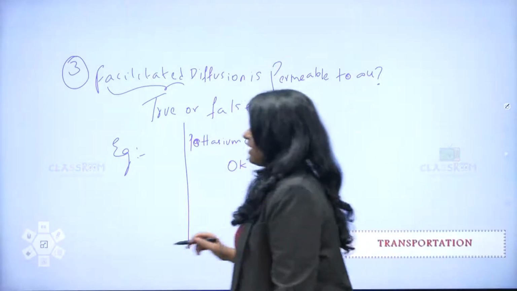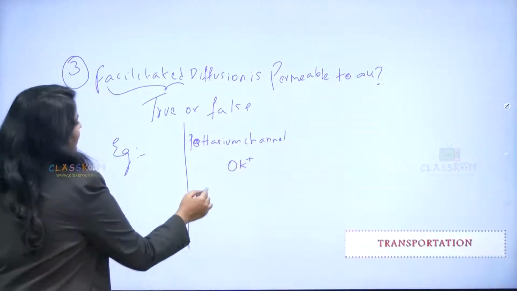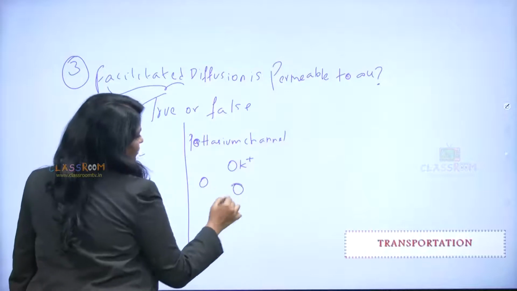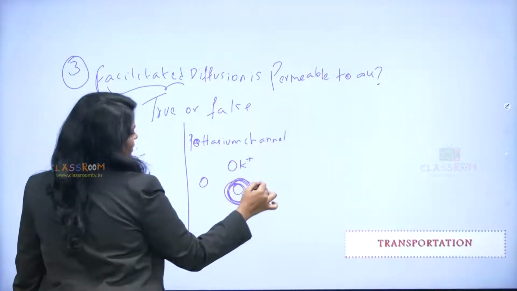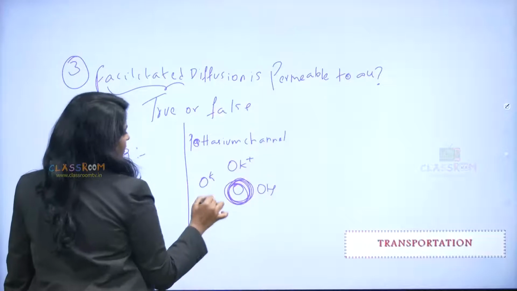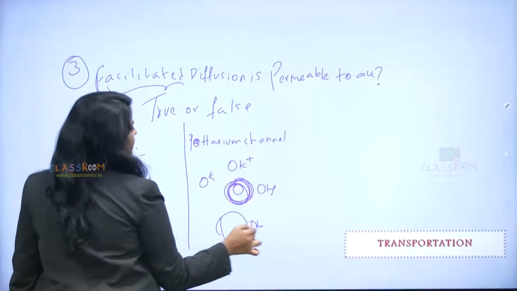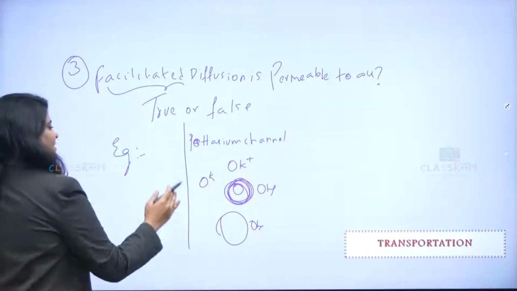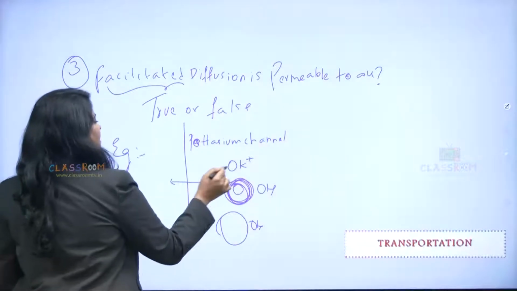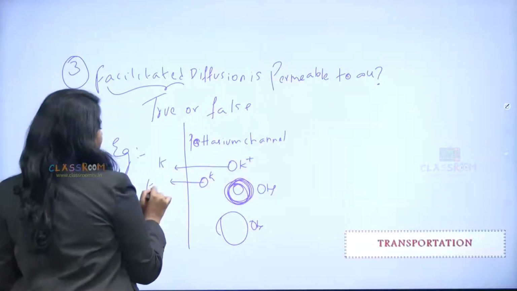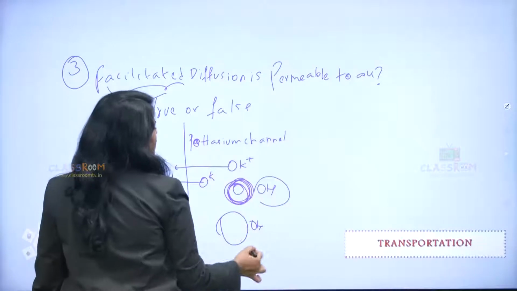So these are the potassium ions, and think I want to draw something different. So what happens is facilitated diffusion only allows these molecules to come, and it's going to leave these behind.